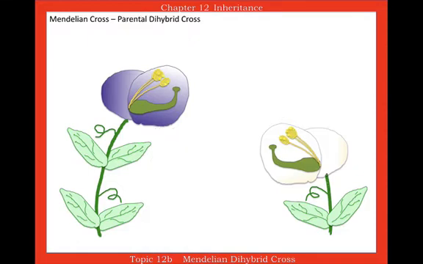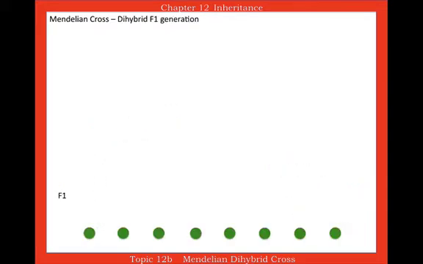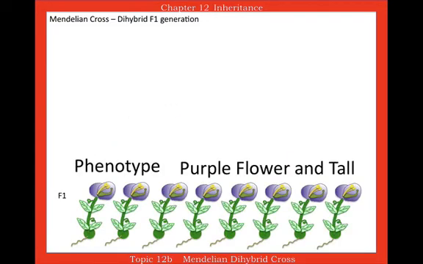If we cross-pollinate the parental true breeding plants, allow the seeds to develop, and then grow the plants, we would notice that all of the F1 generation resembles one of the parents. So the purple flower and tall traits are both dominant.